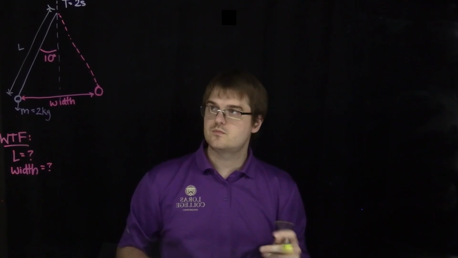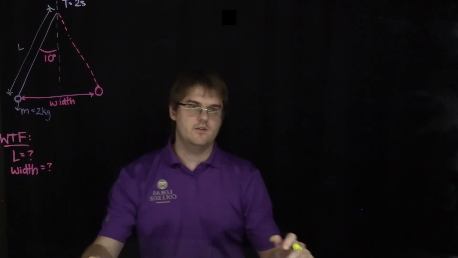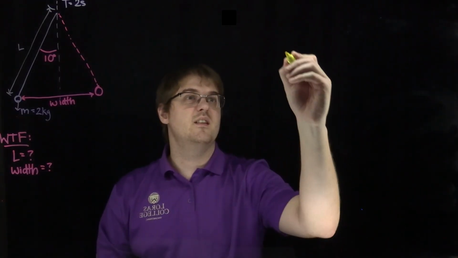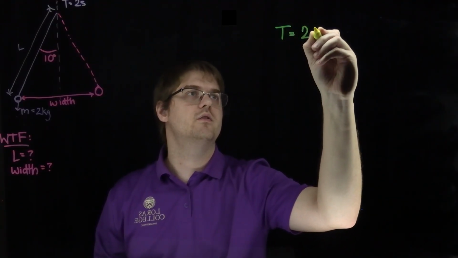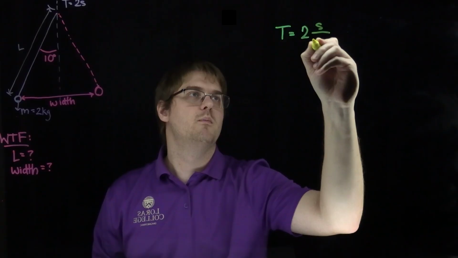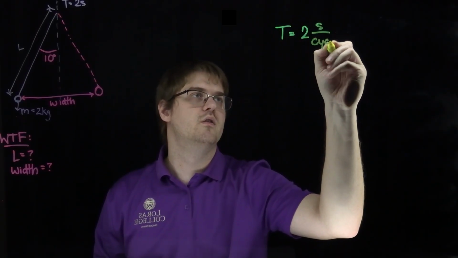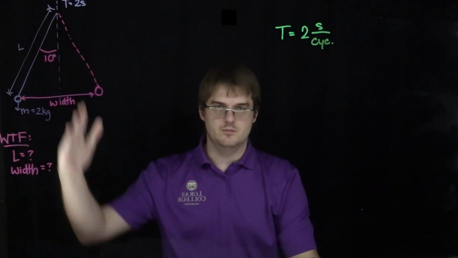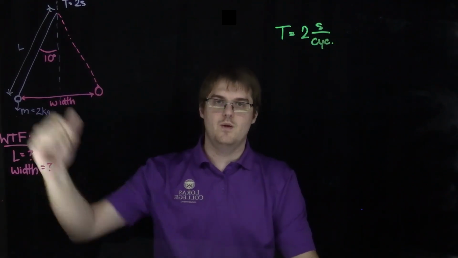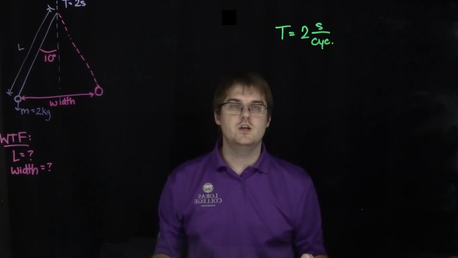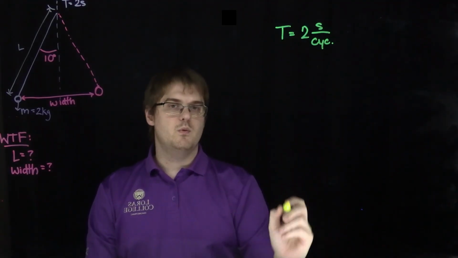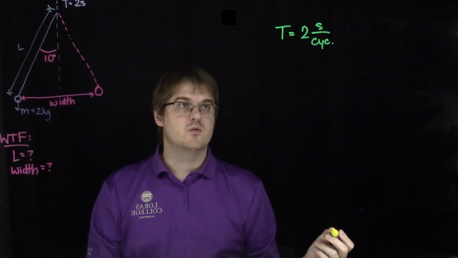We know that we want a period of 2 seconds. And so I'm going to go ahead and write that down. Period is 2 seconds, and that is 2 seconds per full cycle of our pendulum. 2 seconds to go all the way across and all the way back. Now, just like with springs and just like with rotation, we're going to be working with omega in order to make things work.